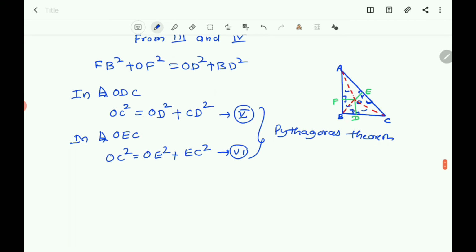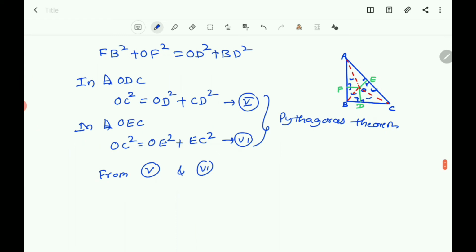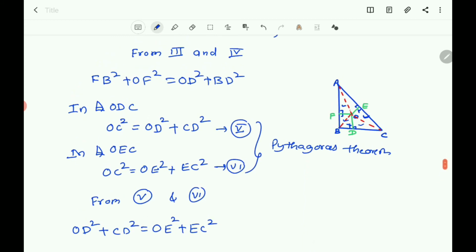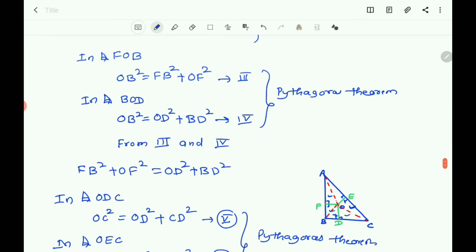So here again you can take from fifth and sixth. As LHS are same, that is OC square, RHS must be equal. So you write OD square plus CD square is equal to OE square plus EC square.